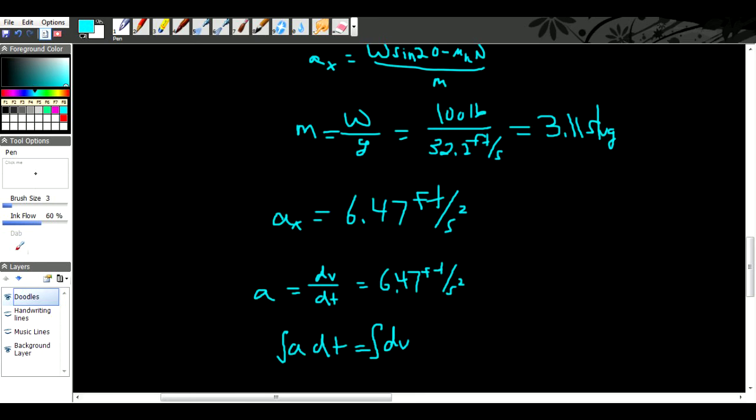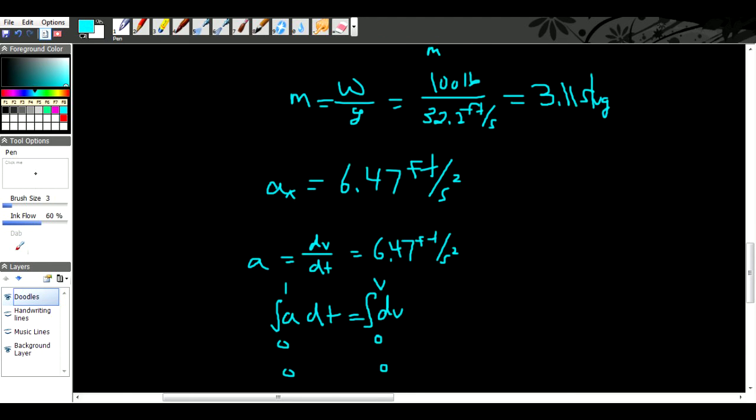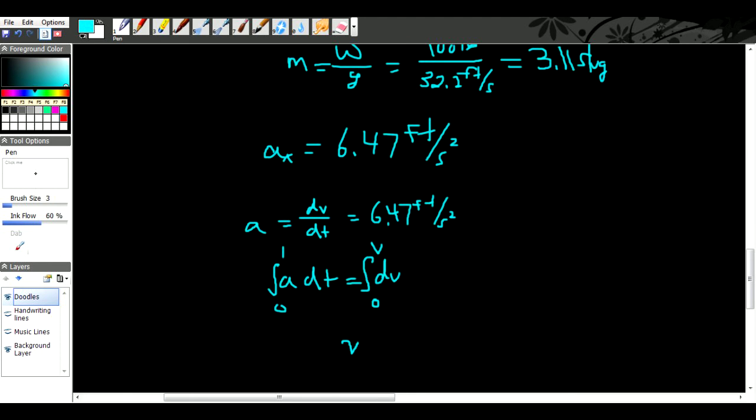Integrate both sides, from 0 to v and from 0 to 1, and we get v is equal to a t at t equals 1. So v equals 6.47 feet per second.